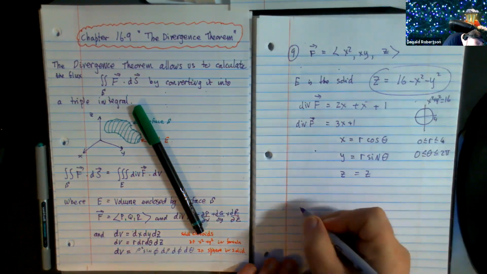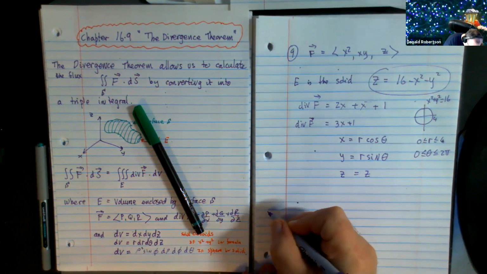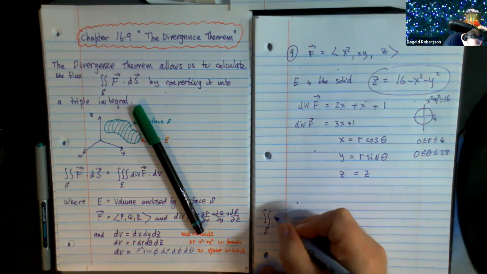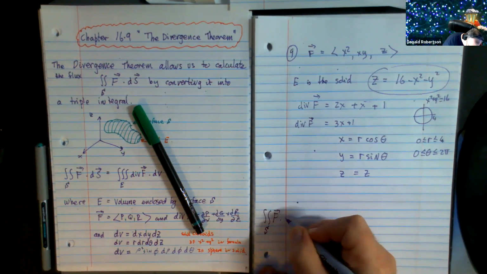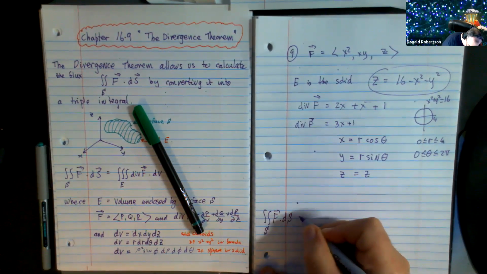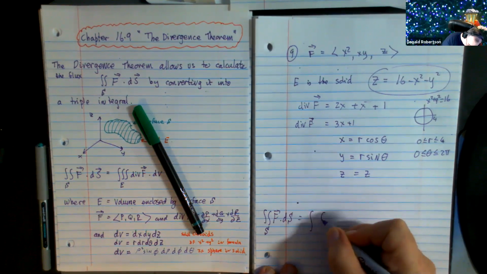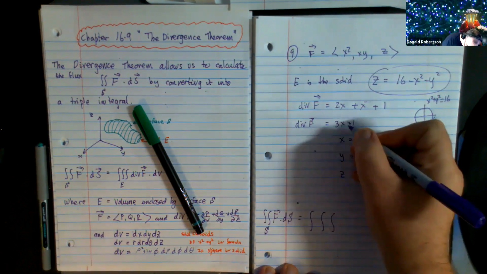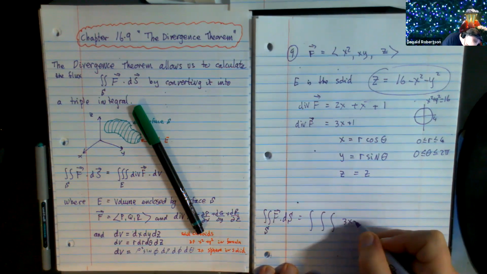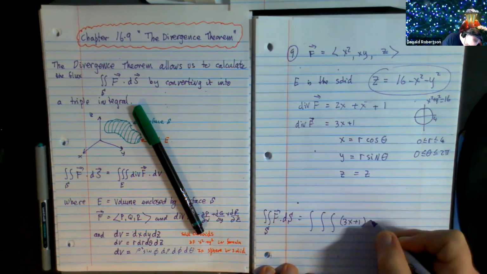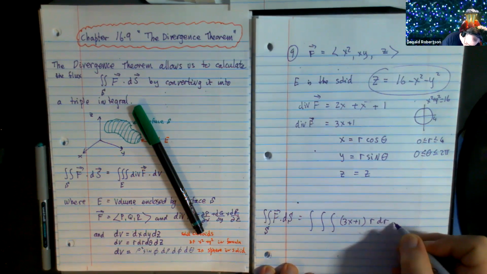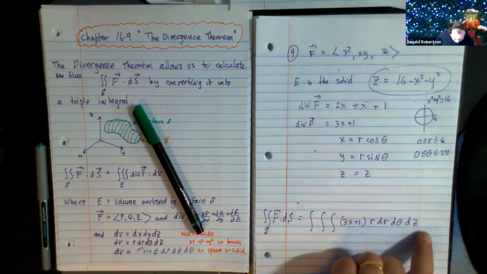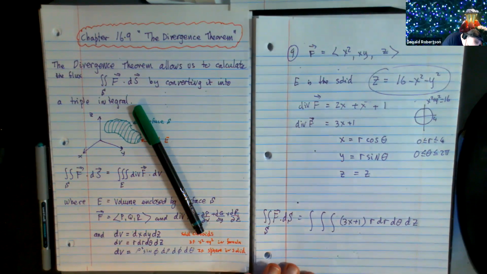So I've already set up, well, I guess I should do the whole thing over here. Our surface integral, the flux, is going to be a triple integral of the divergence, which we already have found. It's going to be r dr d theta dz. I might rearrange that order, but right now I'll keep that one.